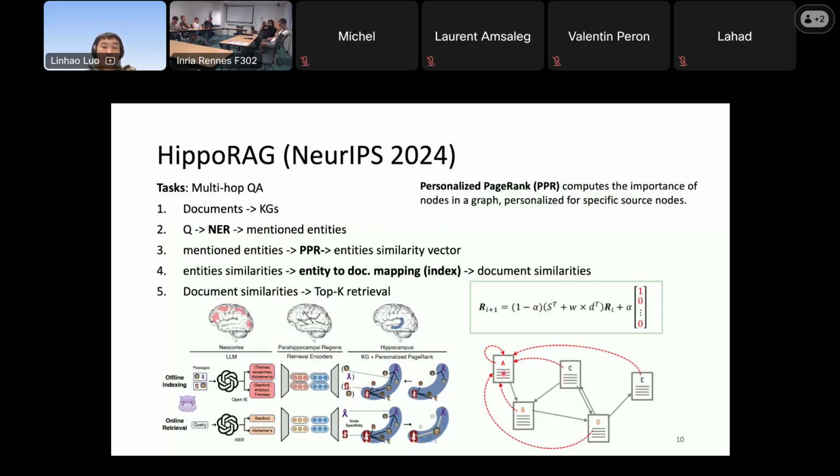It will identify some signals based on the user's question, and then use personalized PageRank to consider the importance of other documents with respect to the given question entities. So basically, it utilizes the graph structure to identify the most similar documents, so that we can retrieve these documents and return them as the relevant knowledge to help the LLM answer the question.